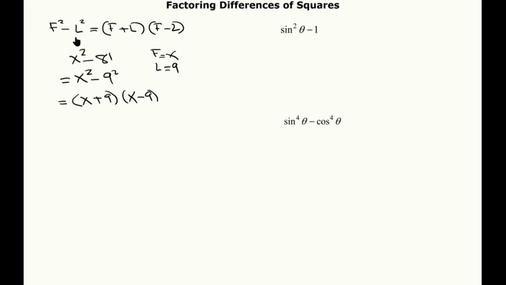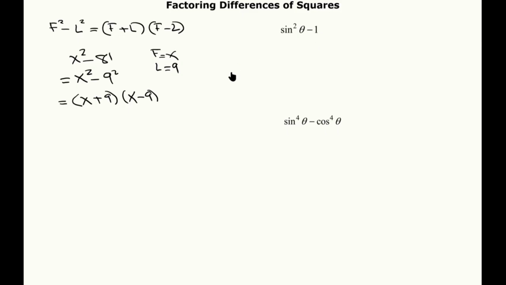Okay, so we can do exactly the same kind of thing with trigonometric expressions like this. Here we do have a difference of squares. Sine squared theta is obviously a perfect square, and 1 is a perfect any power you want it to be, so it's a perfect square as well.